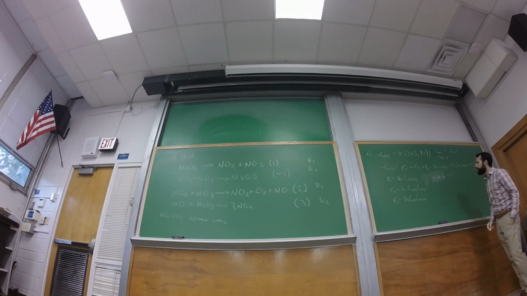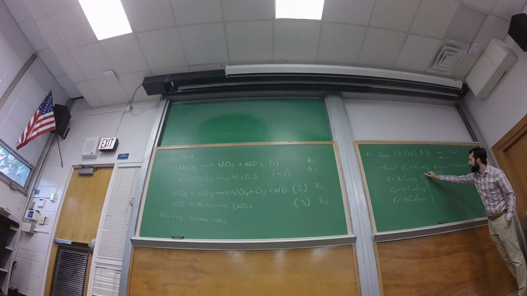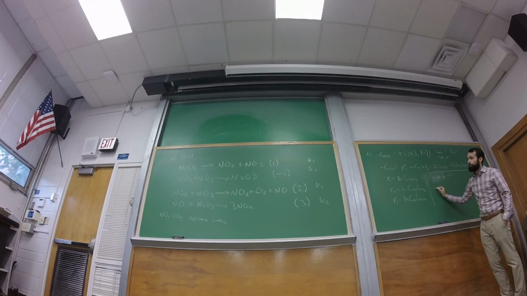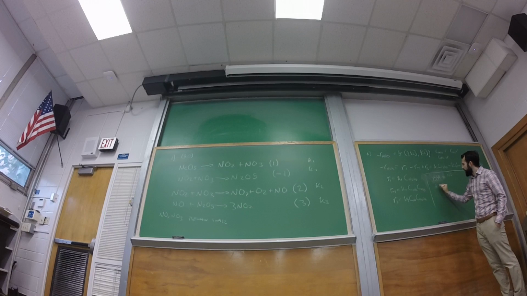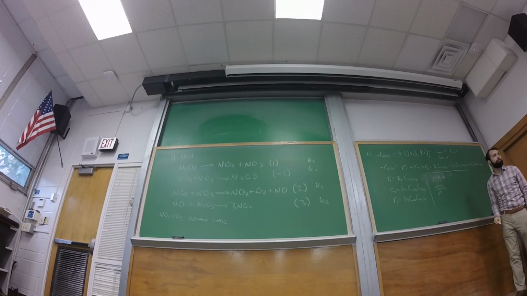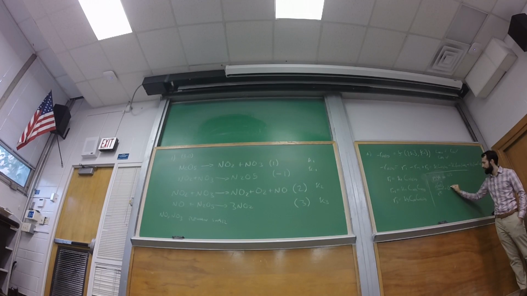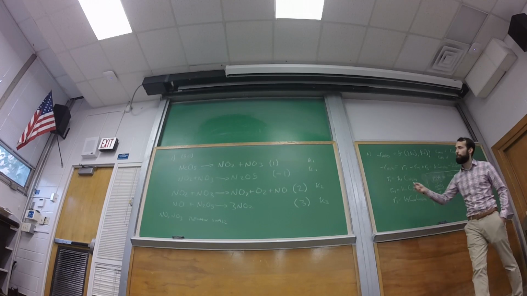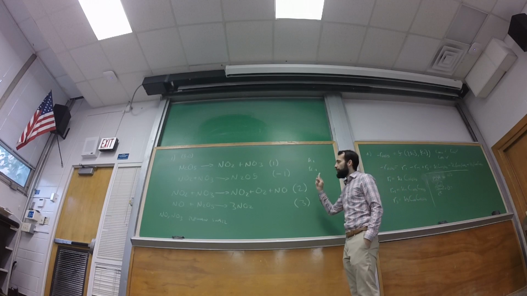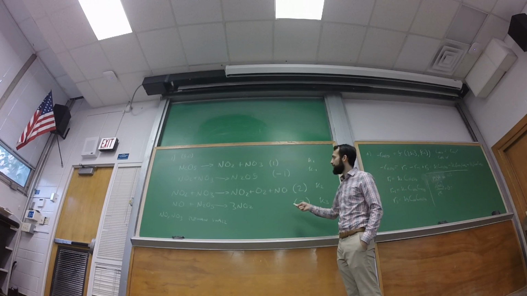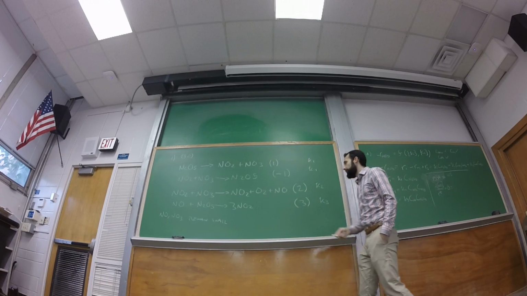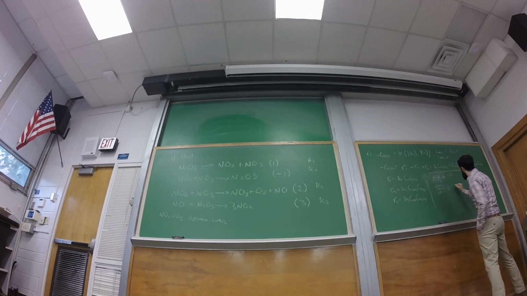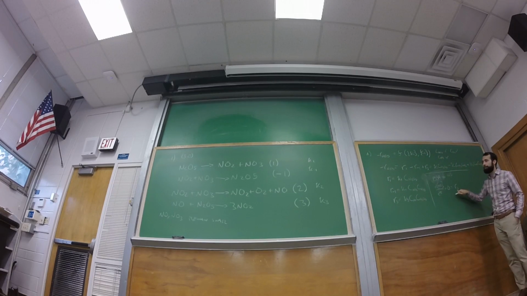All right, so let's start with the PSSA on NO. So the change in the concentration of NO with respect to time is equal to what? 0. And what else is it equal to? So we got to look back at our elementary equations. R2. Yeah, R2. Right. So it's a product of reaction 2.